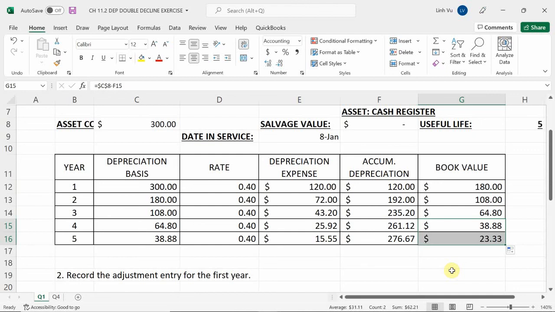Can I choose to dispose of $23.33? At this point, you should, because at the end of the day, buying or investing in a new cash register might be in your best benefit than continuing to use the old one, and you're going to have problems later on in the future. This is only $23. At least you used your machine to its maximum capacity of its estimated useful life. It reached its 5 years. It's done with its life.